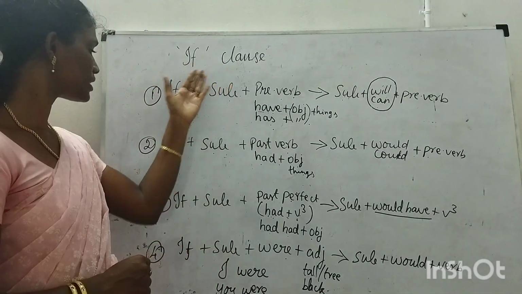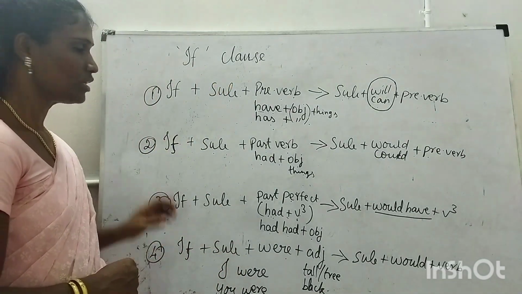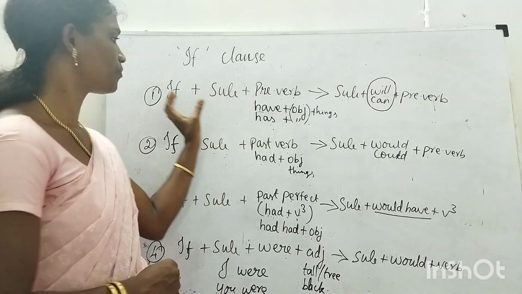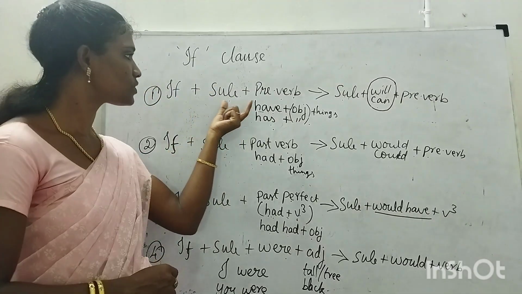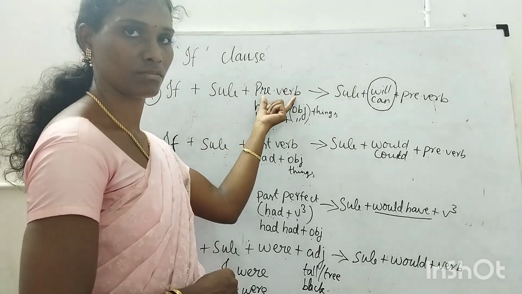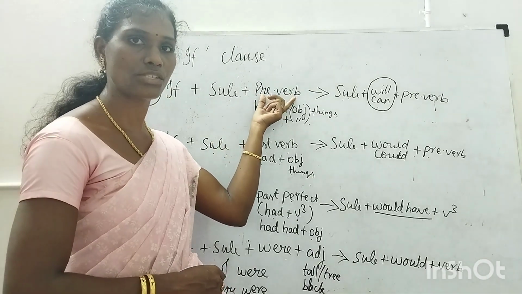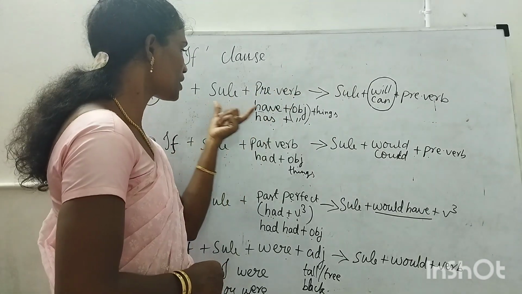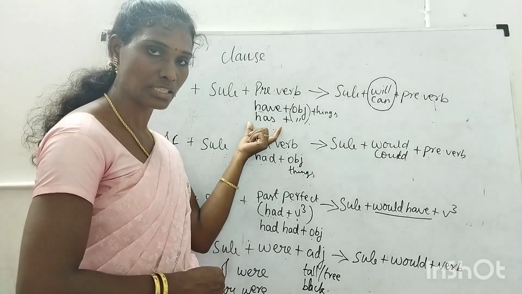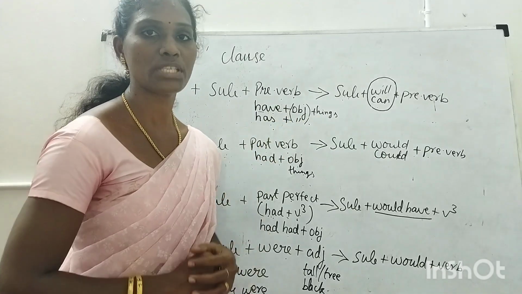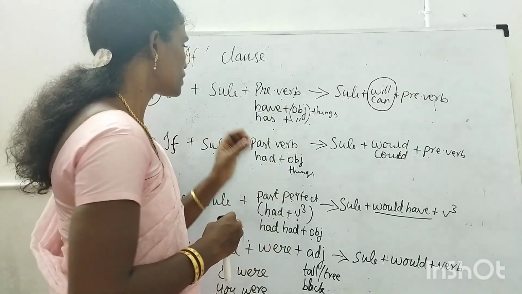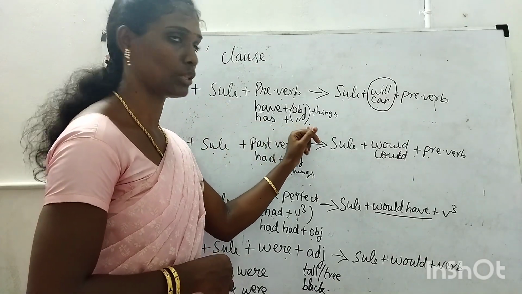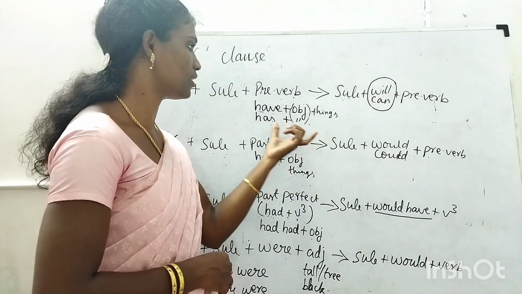The if conditional class has 4 types. Type 1, the sentence structure: if plus subject plus present verb. Action, play, eat, run, whatever may be the present verb. Or else subject plus have or has plus object. Object means things. For example, if he has a pen, the object is a pen.